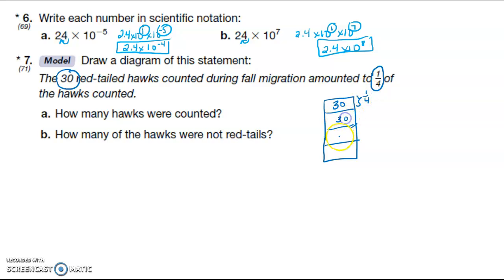So we know that there's 30, 30, 30. So how many total hawks were counted? That's going to be 4 times 30, which is 120. And how many of the hawks were not red-tailed? So that's going to be this many, or 3/4. So 3 times 30, which is 90.